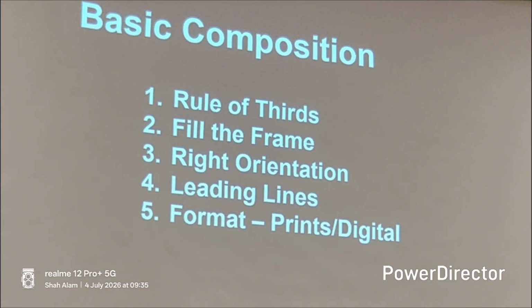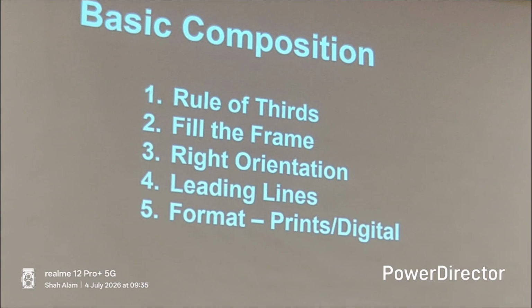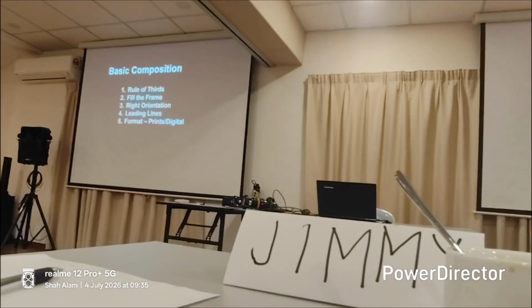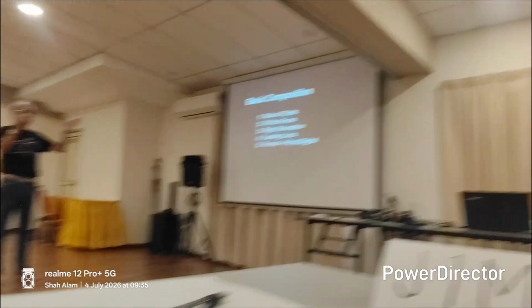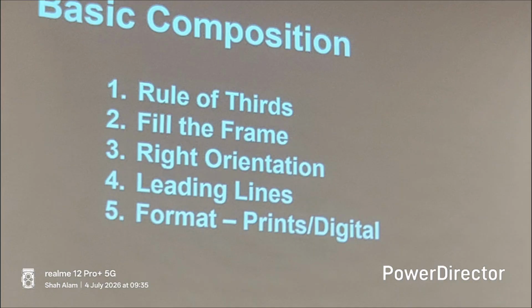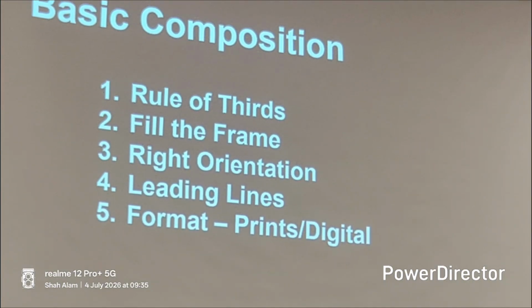These are very basic things in photography, whether you're using your camera phone or your proper camera. Sometimes when you take a photo, you look at it and it doesn't attract you. Then you look around: what is this photo trying to tell me? Is it trying to show me the tree, the house, or the person?